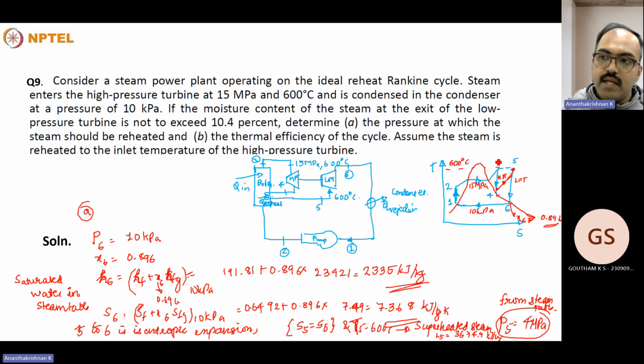So the pressure is known and the entropy will be same as that of state 3. We do not know whether this will fall inside the vapor dome, on the saturated vapor line, or outside. So for that, we need to compare the entropy at state point 4.